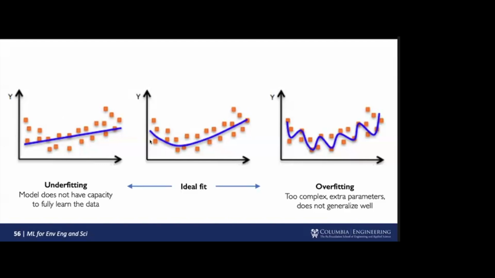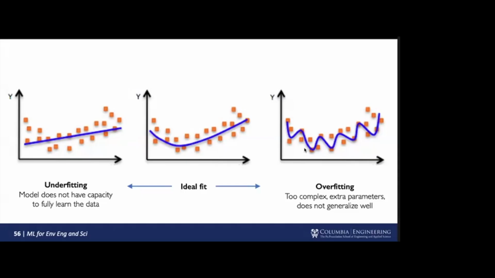You want a curve with good expressiveness so that it better describes the trend of the points. On the right is overfitting. The model is too complex and starts fitting random fluctuations in the training data. It performs well on the training set, but does not guarantee good results for your testing data set.